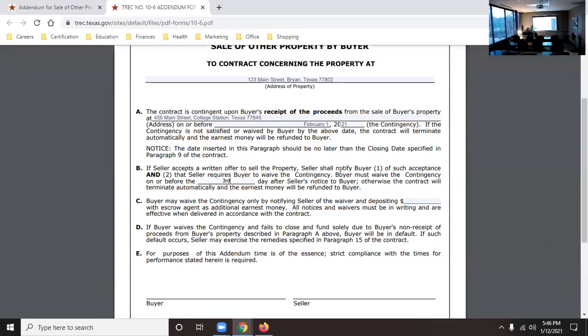And what this means is, A identifies the property, and it identifies the contingency. And as you see here in parentheses, that is the contingency deadline. So Mr. Colton has to sell his house no later than February 1st, 2021. If he doesn't, then the contract terminates automatically and the earnest money is refunded to the buyer, okay?